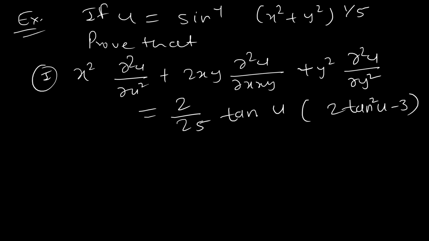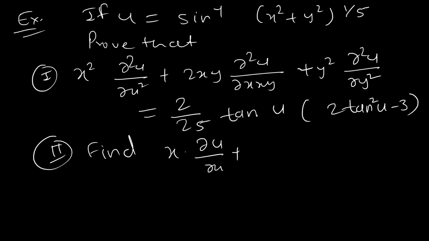This is the first, and second one: find the value of x times ∂u/∂x plus y times ∂u/∂y at x equals 1, y equals 1.